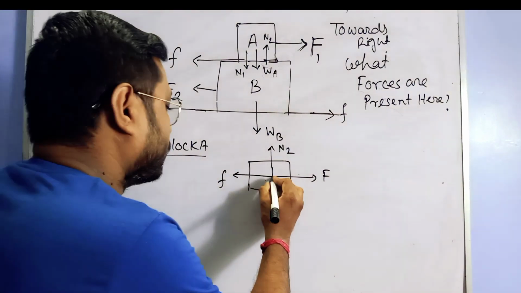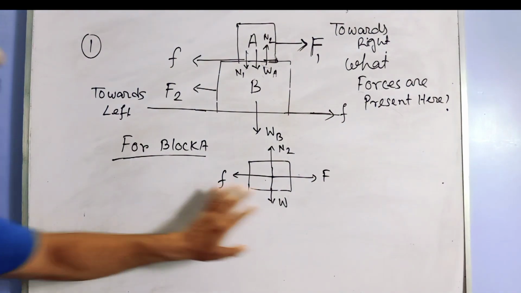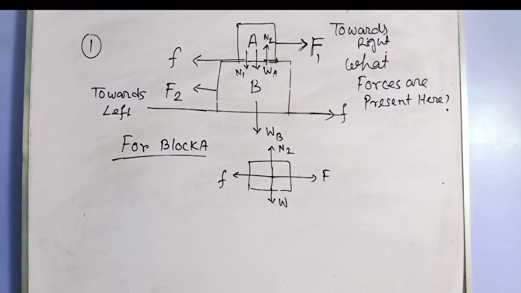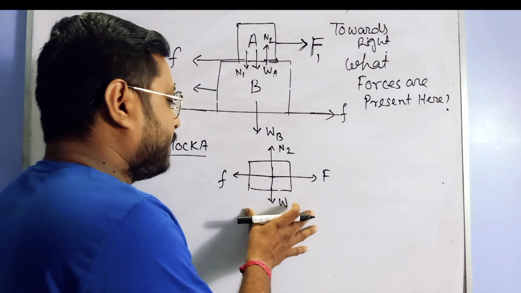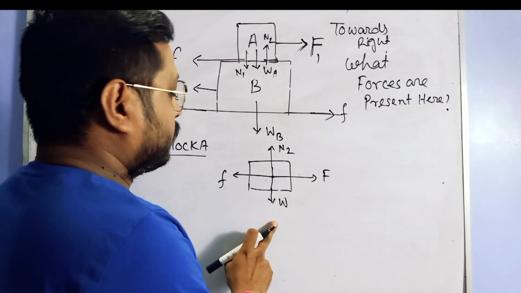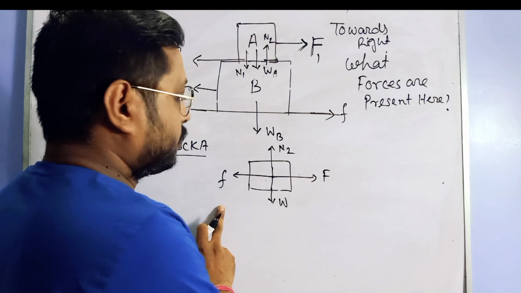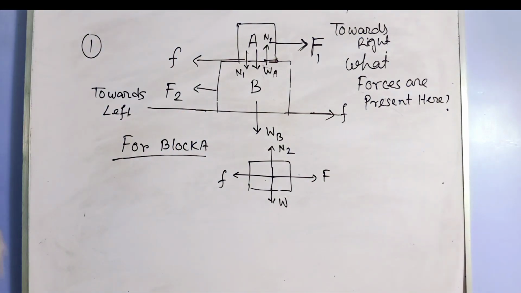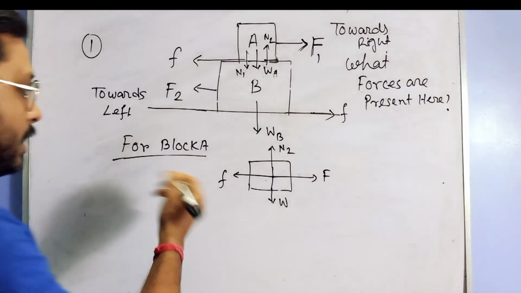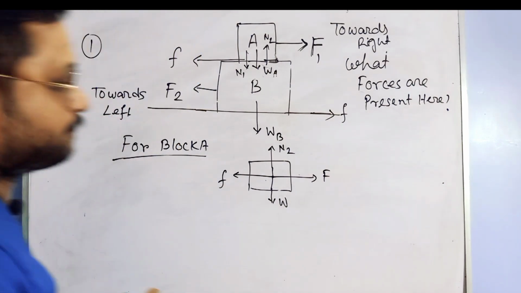So these four forces N2, W, F and F act upon A. So A remains in equilibrium if N2 equals W and the applied force equals the frictional force. Clear? Now we go for block B.